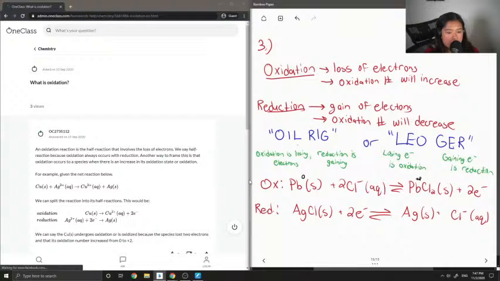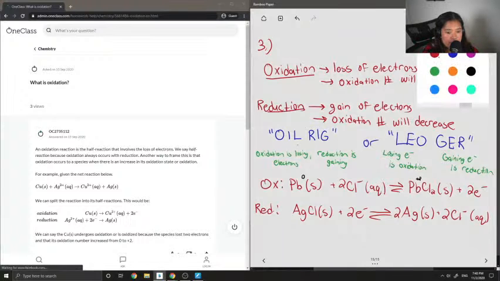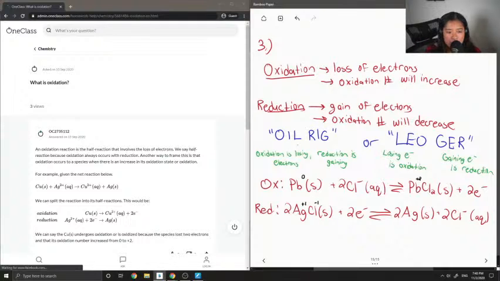So let's look at the oxidation numbers after I balance. We can look at the oxidation number of the silver. It started off, let me just balance this, with a +1 oxidation number since it's bonded with a chlorine, and since the compound is neutral, that shows that it has a +1 oxidation number.